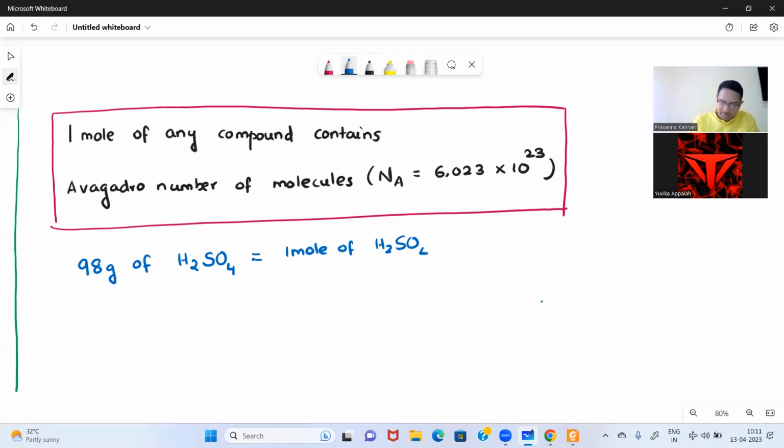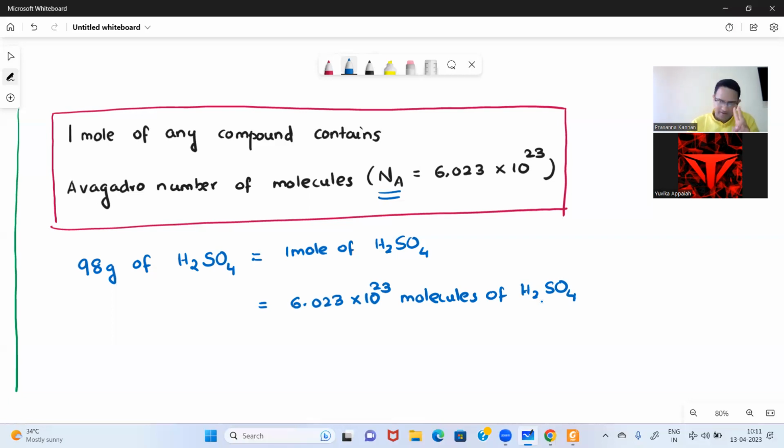And we know that 1 mole has how many molecules? 6.022 into 10 to the power 23. So 98 grams of sulfuric acid contains 6.022 into 10 to the power 23 molecules of sulfuric acid. Clear? Now, each molecule of sulfuric acid contains how many atoms of hydrogen?